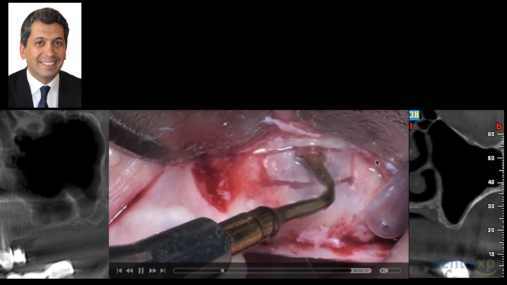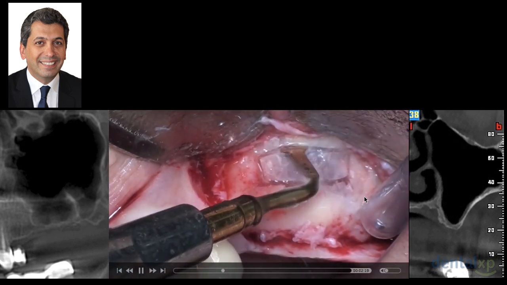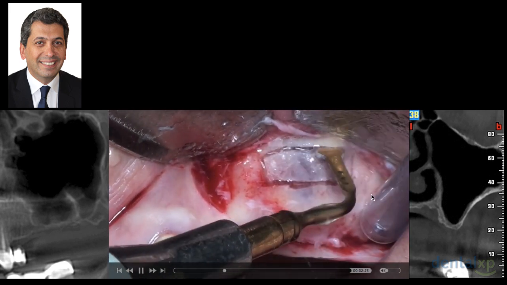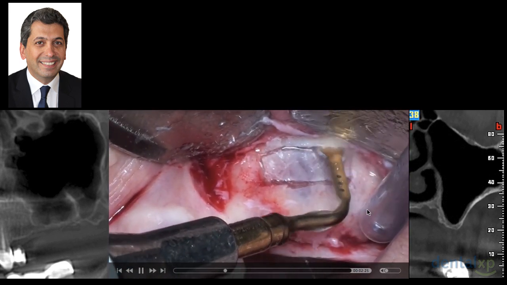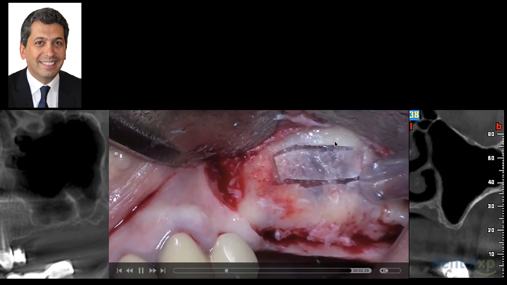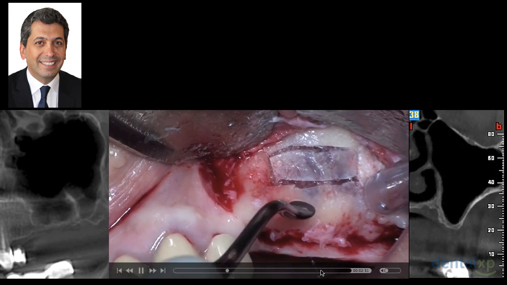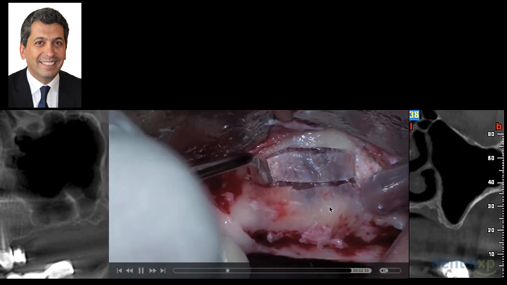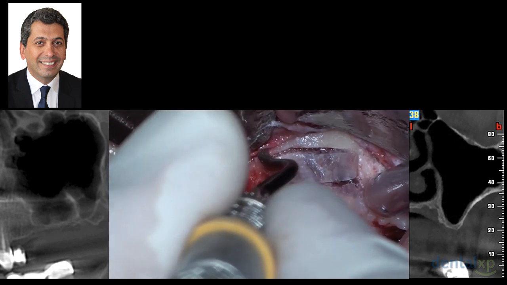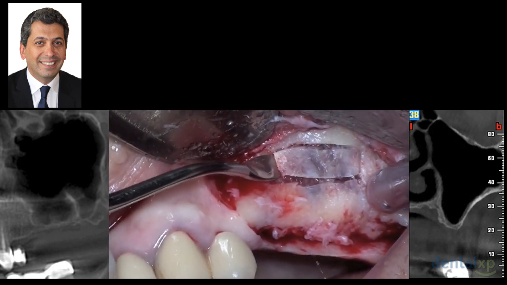Here you can imagine that I have the distal part where I have my little pointer. This is the distal part of the sinus. This is the mesial part of the sinus that is here, and this is my cut. Now that I have properly done the delimitation of the window, with a special curette I can start taking out this bony window.